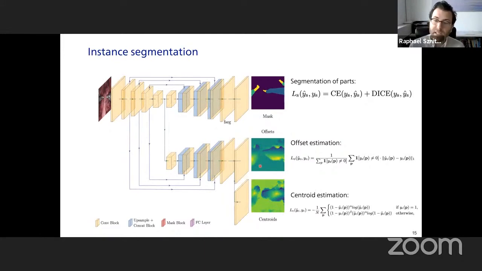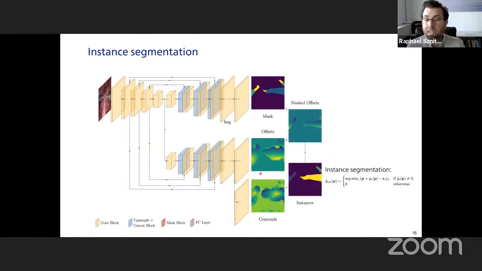And then at the same time, we want to estimate the center of the instrument. So these two quantities are codependent on each other, but they're estimated for the moment separately.